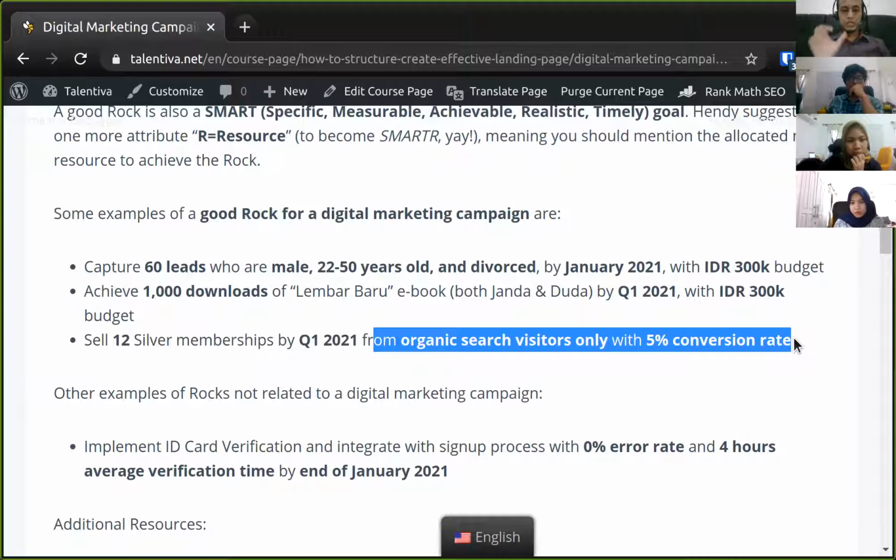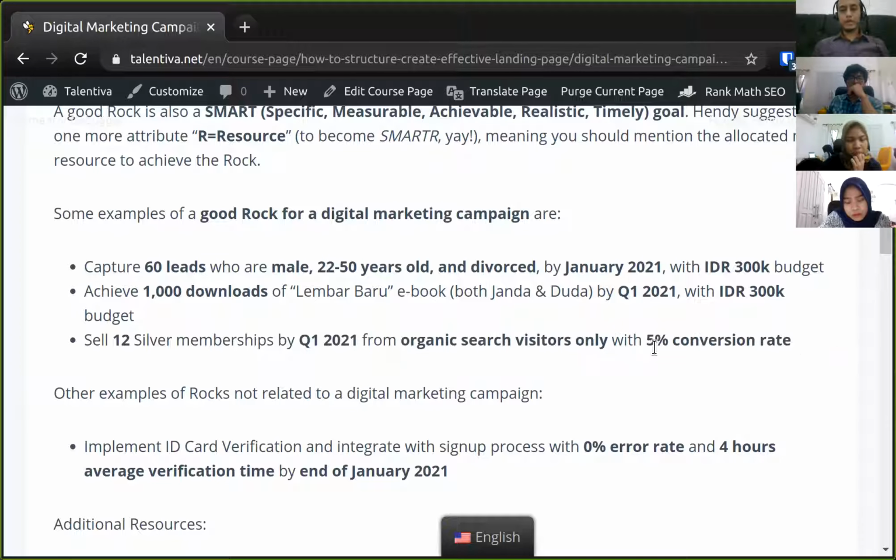So basically, this goal is just from organic search, meaning usually this means Google. So it's not from Facebook, not from YouTube, not from ads, but just from SEO with 5% conversion rate. 5% conversion rate means that if we have 100 visitors to our website, 5 of them pay the silver membership.